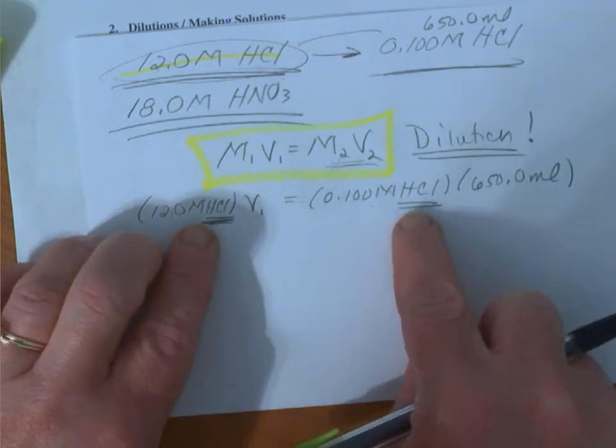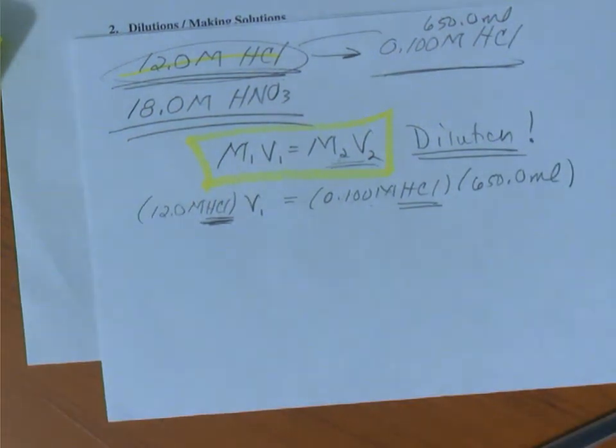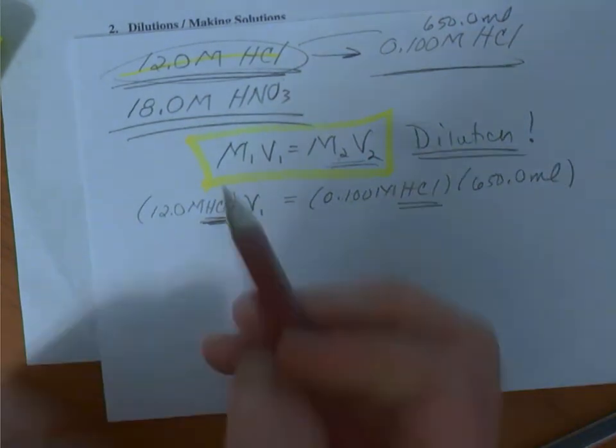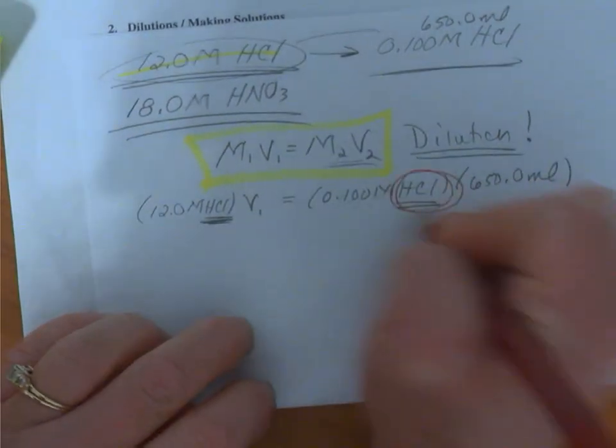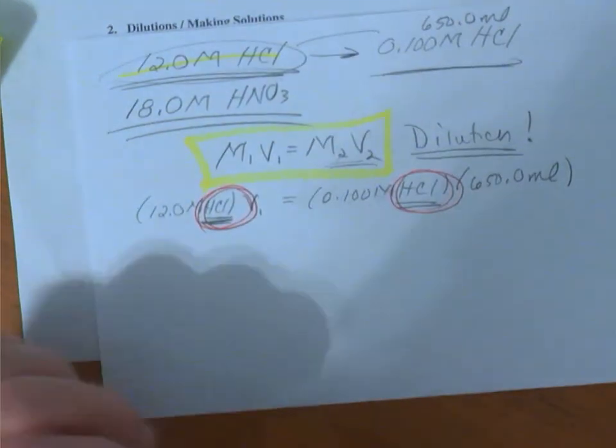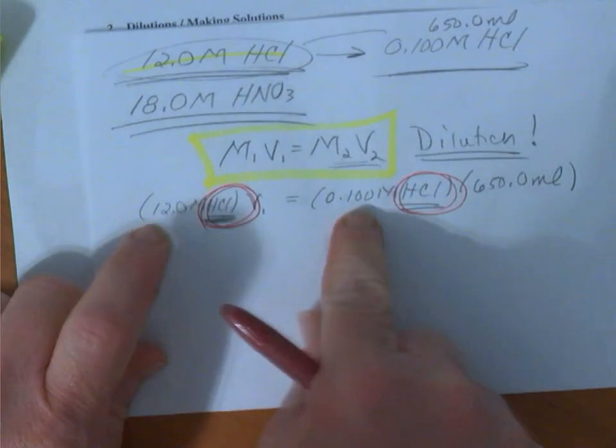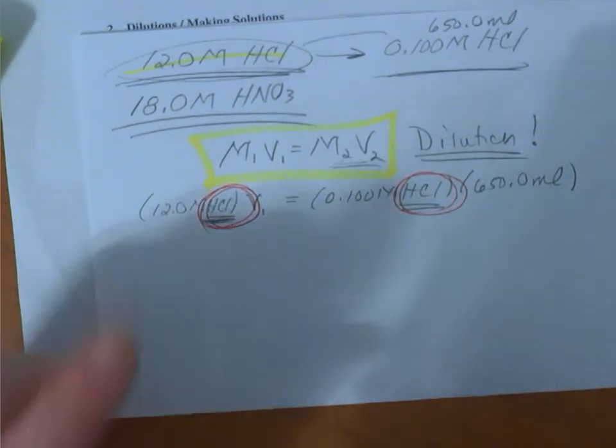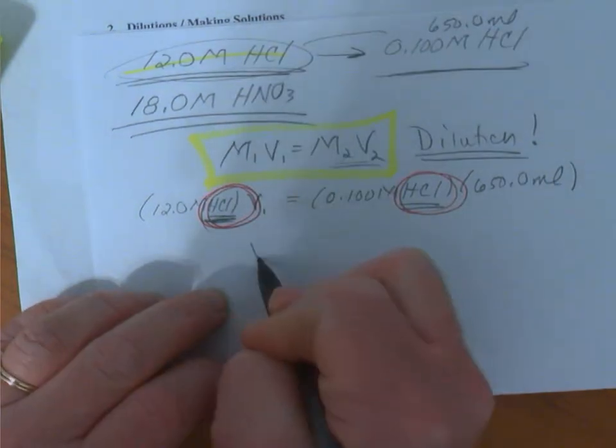But the crux of it is that it's the same solute, and we're just differing the concentration. So obviously here we're looking for V1.